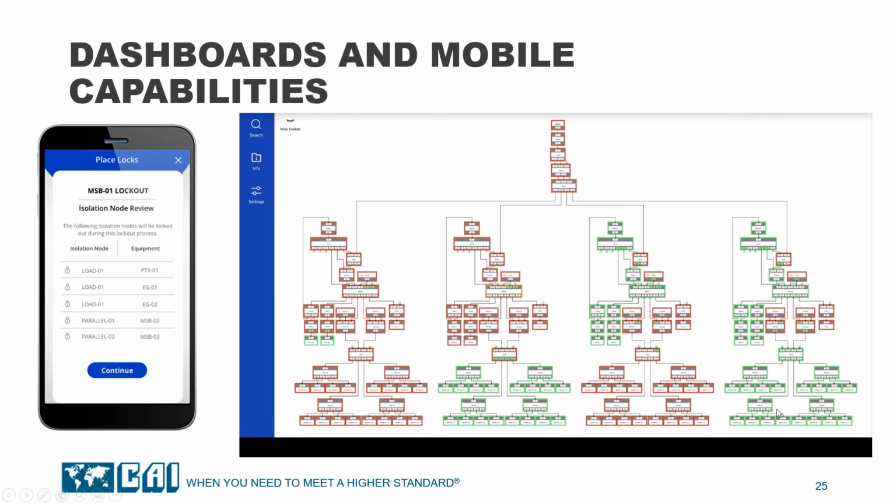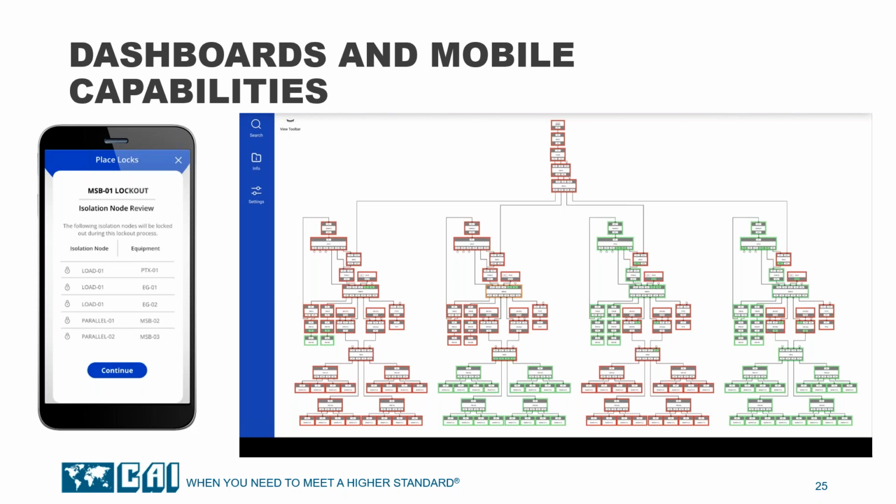On the right-hand side, this is what a data center looks like in one infinite plane, right? This is a combination of all of the electrical drawings that are in there, from the utility pole or supply of power all the way down to the server bays. From a color coding perspective, and what I personally think is one of the most powerful things on this, if it's red, it's unsafe to work on.